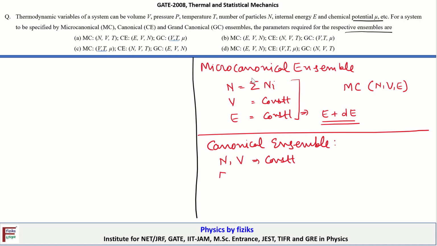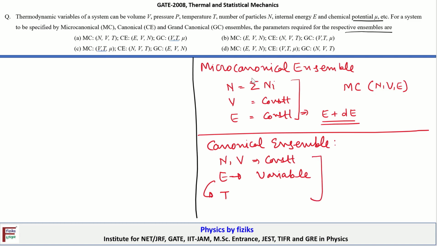But when it comes to energy, the argument made in the canonical ensemble formulation is that sometimes it's not possible to determine the energy of the system. So it's a variable, whereas the other parameter connected with the energy, the temperature, is easily measurable. So this is held constant.